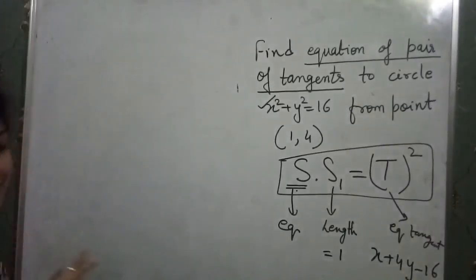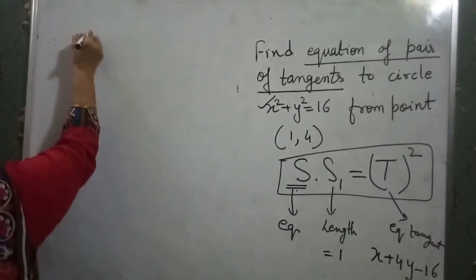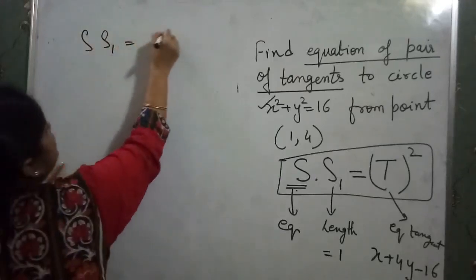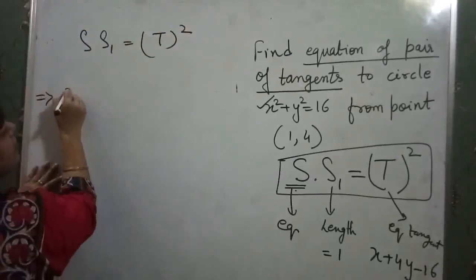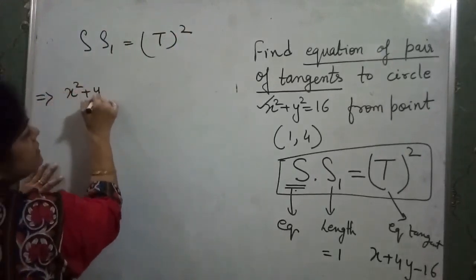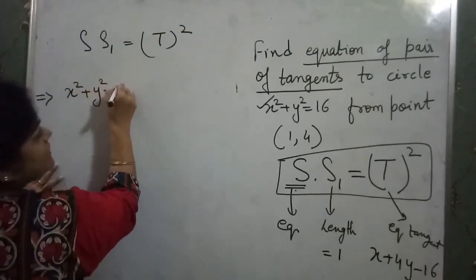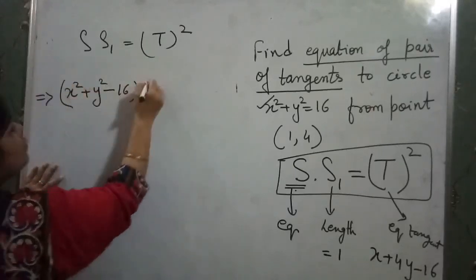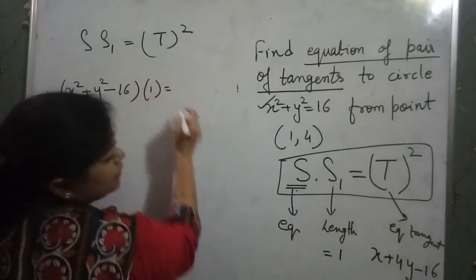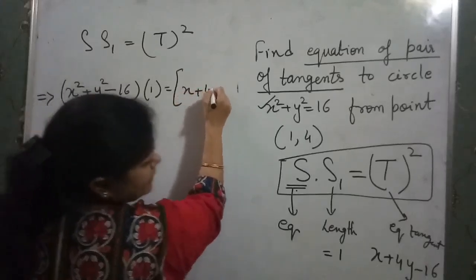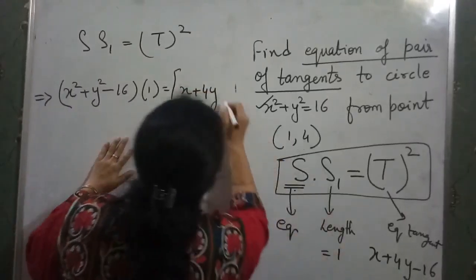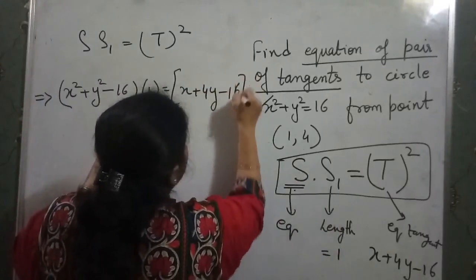When a pair of tangents is asked, then you find this: S S1 is equal to t square. So we have the equation of circle x square plus y square minus 16 into 1 is equal to the equation of tangent, x plus 4y minus 16 whole square.